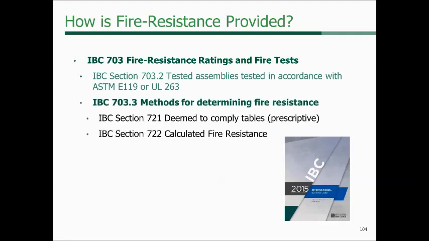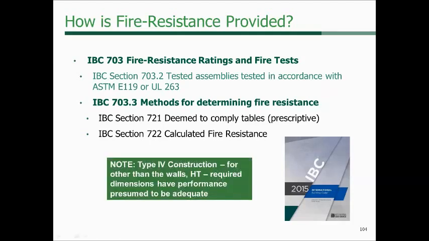And then there are other methods of determining fire resistance. One is the deemed to comply tables. Those are the prescriptive tables within the code. And then also another method is calculated fire resistance under 722. Both of these methods have been in the code for quite some time.